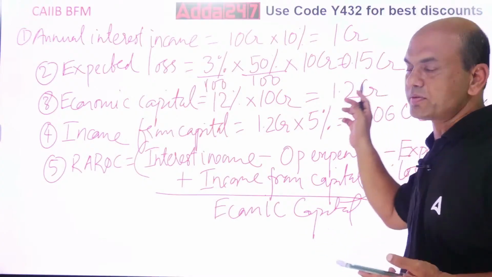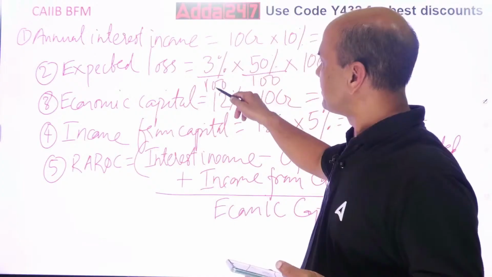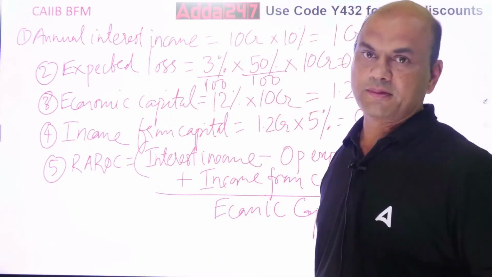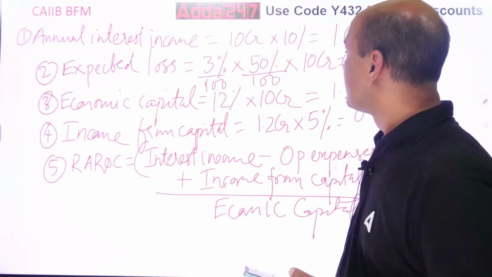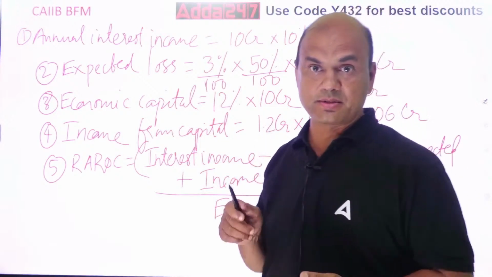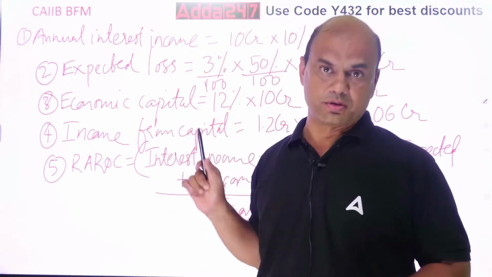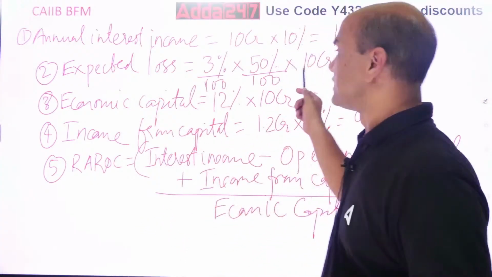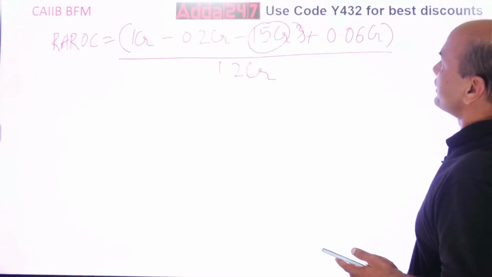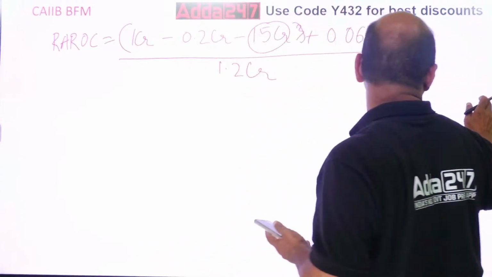Got it, everyone? 3% into 50%: 3 upon 100 into 50 upon 100 into 10 CR. Again, never ever try these manual calculations in the exam. Even if you are the best problem solver, you will always go wrong. So do this for 0.15 CR. Got it? So now write this 0.15 CR.